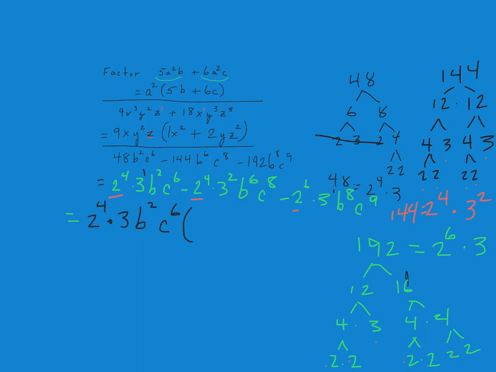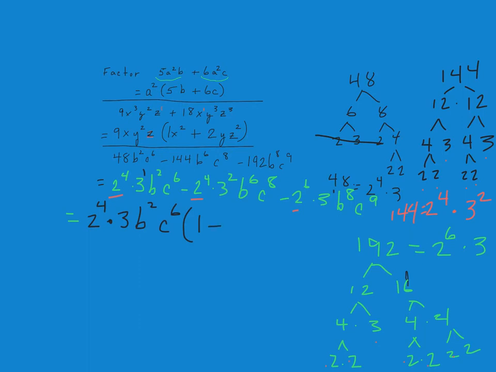And so now we just write down what's left behind. So in the first term, we have pulled out all factors of 2 that were there, all of the 3's, all of the B's, and all of the C's. So what's left? Well, remember, when you're factoring, you're dividing. So when I divide that first term by what we're pulling out, all that's left is 1.